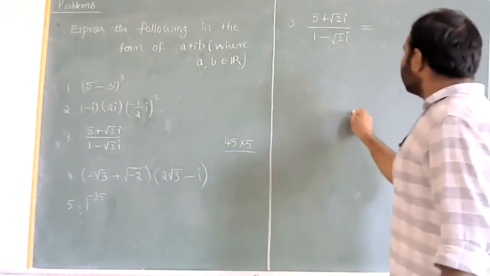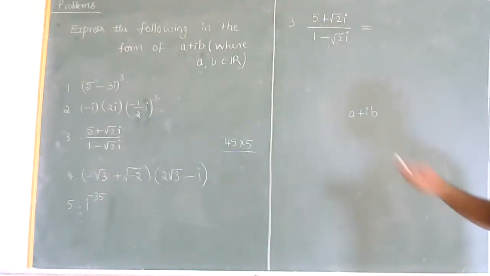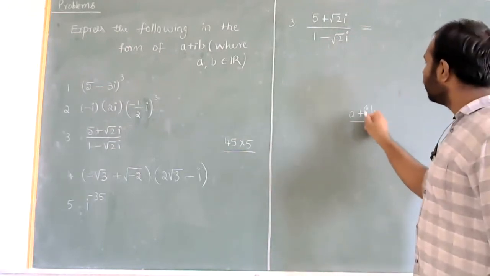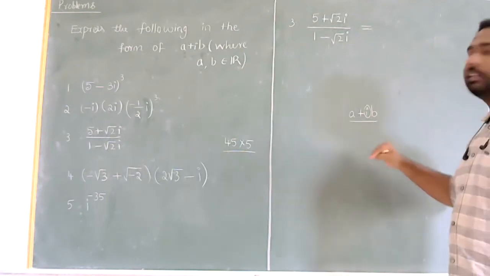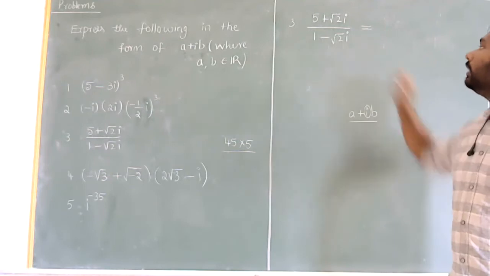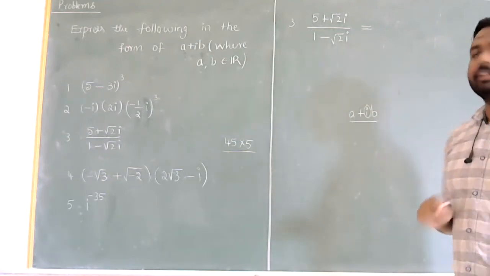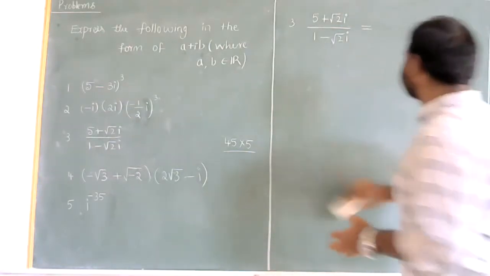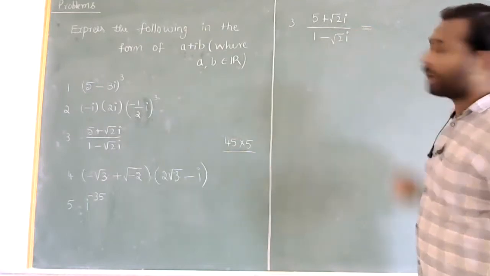Now I actually need the form a plus ib. So you can observe here, i should always be in the numerator. I cannot be in the denominator. Here we have i in the denominator, so we have to eliminate that i in the denominator. So how shall we do it? We have to remove i. Here we have i power 1.